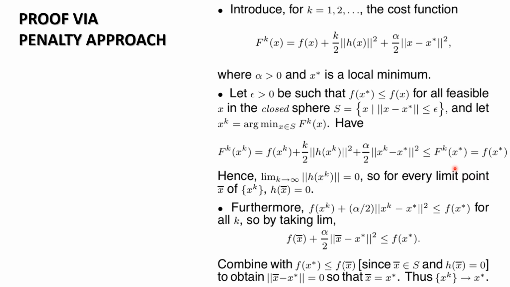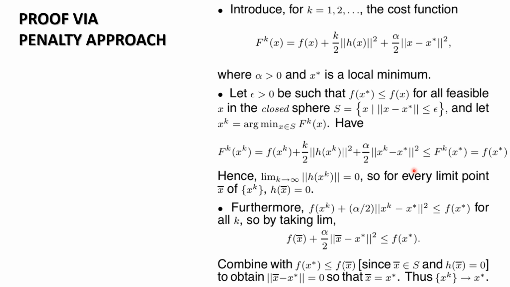And from this we can make the first step, in which we can consider that the term k over 2 times the constraint violation is less than f(x star) minus f(x_k) minus alpha over 2 times the squared norm of this distance.